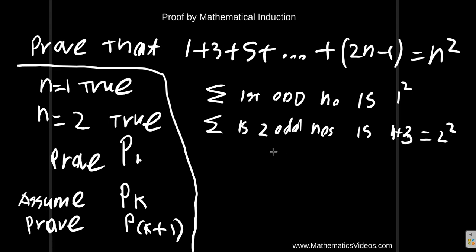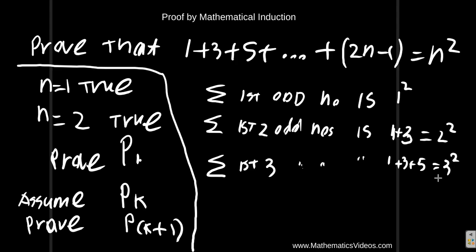Good. The sum of the first 3 odd numbers, well, the first 3 odd numbers are 1, 3, and 5. So 1 plus 3 plus 5 is what? 5, 6, 7, 8, 9. Is 9. The sum of the first 3 odd numbers is equal to 3 squared.